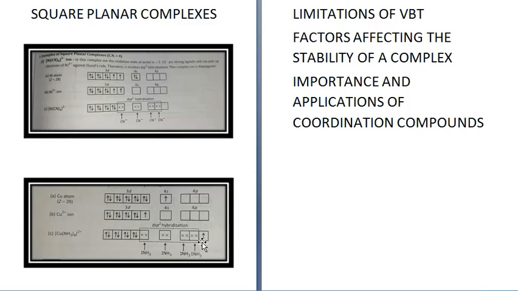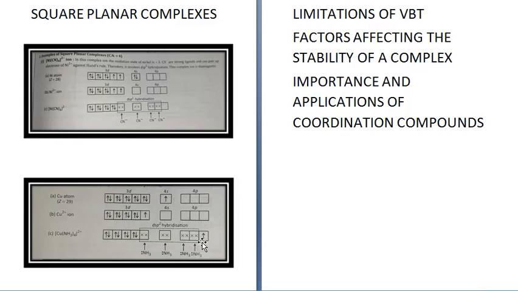Wilkinson catalyst is used in hydrogenation of alkenes. So coordination compounds are used as catalysts. Then for electroplating, metals like silver, gold and copper are electroplated from their coordination compounds, which deliver the metal ions in a controlled manner.